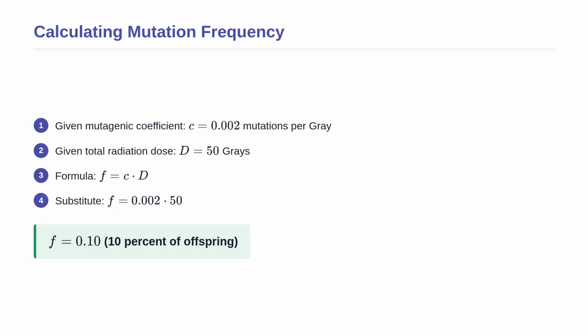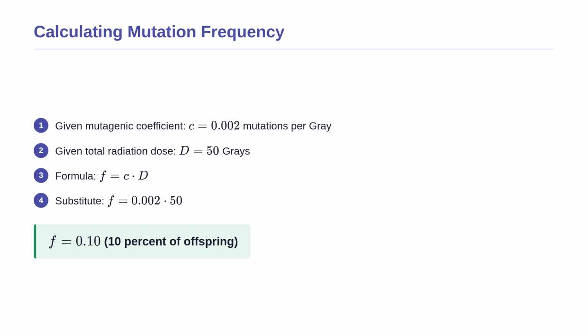Now that we have our formula, let us see this with a concrete example. A researcher exposes fruit flies to X-rays. We are given the mutagenic coefficient, C, as 0.002, and the total dose, D, as 50 grays. We need to find the expected mutation frequency.